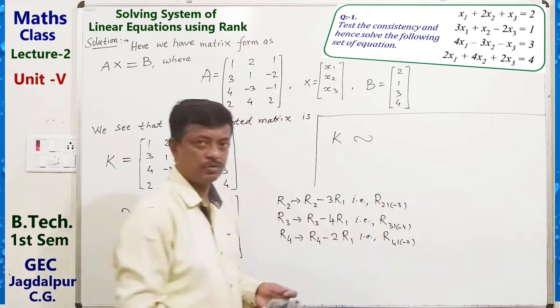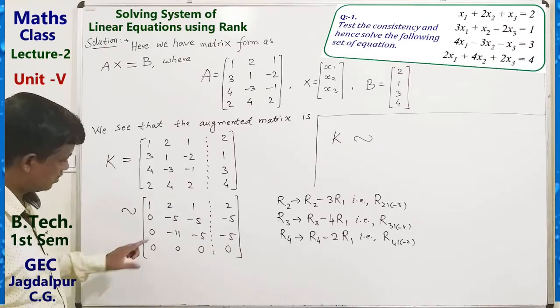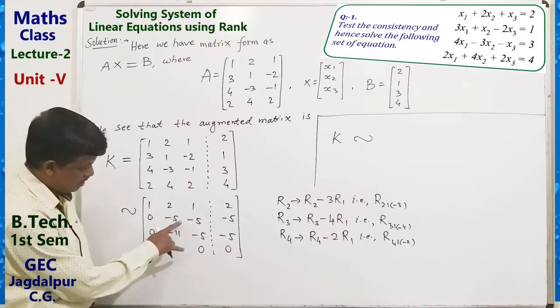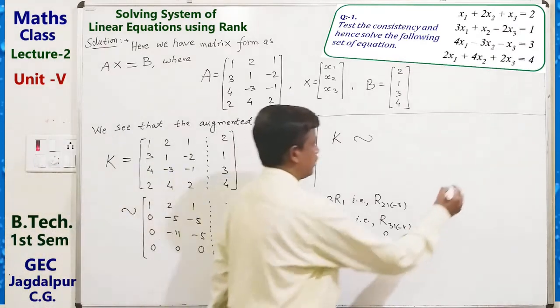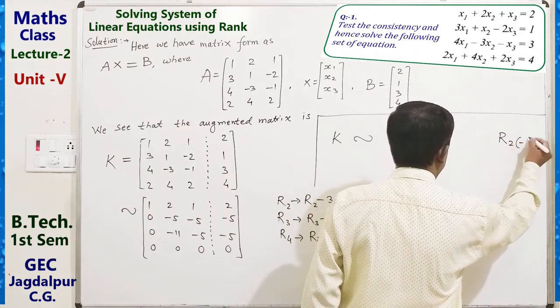K is equivalent to this, and this is equivalent to the new operation: R2 minus 1 by 5.